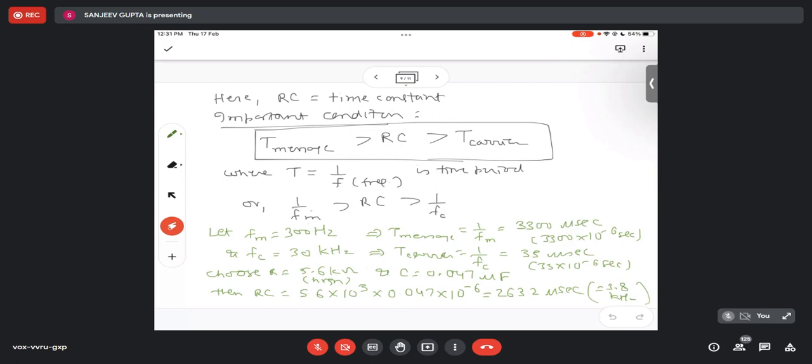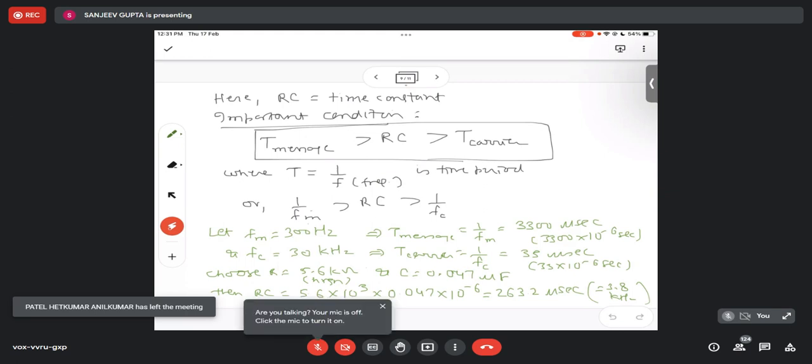So let's say tomorrow you are doing the experiment: first you see what your message frequency and your carrier frequency are. Corresponding to those frequencies, you find the time period. If I take the message frequency as 300 Hz, a low frequency modulating signal, the corresponding time period is quite large.